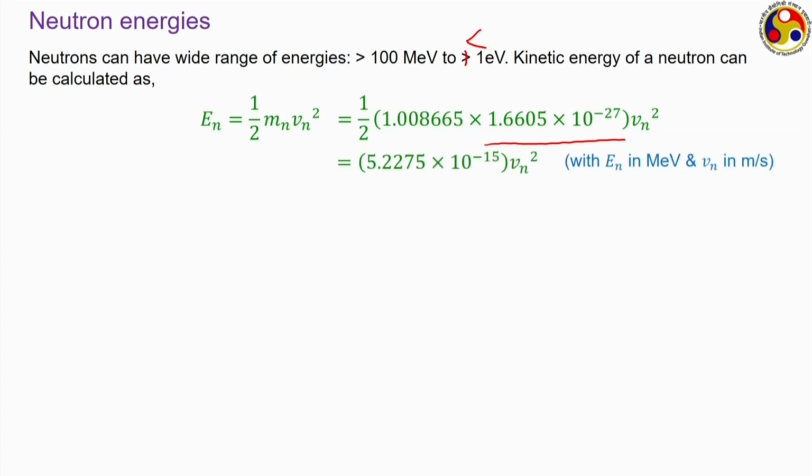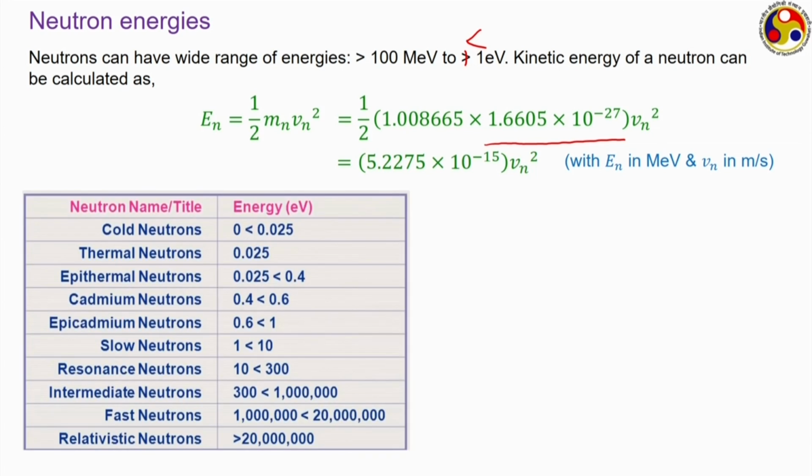We approach this, where we have E_n represented in mega electron volt and the velocity in meter per second. So, as per the website of IAEA, that is International Atomic Energy Agency, we have this kind of classifications for neutrons depending upon their kinetic energy level.